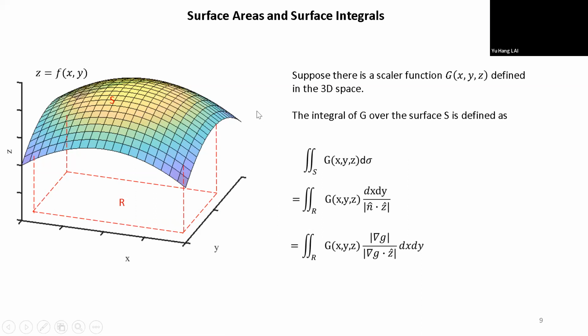Now what we are going to do is not just consider the surface area. Suppose I have some function defined in the 3D space, again, let me use temperature as a function. I have some temperature function in this entire three-dimensional space.